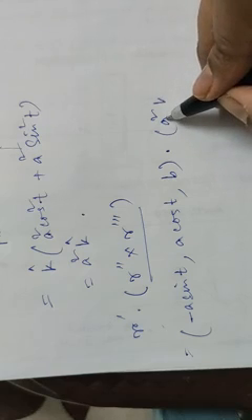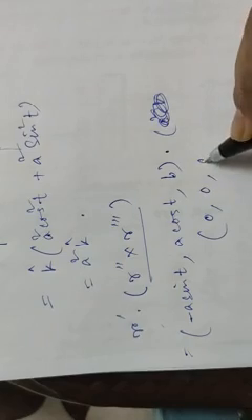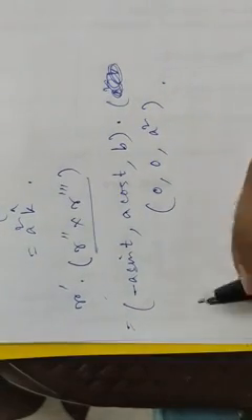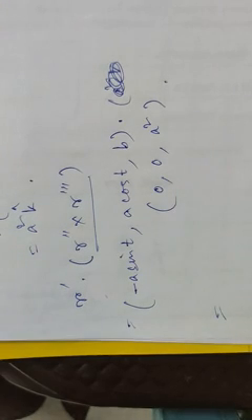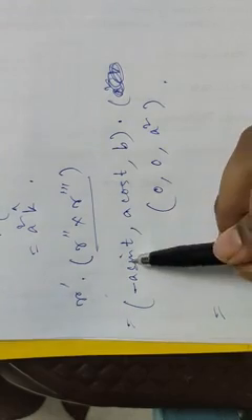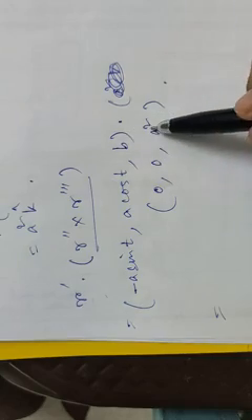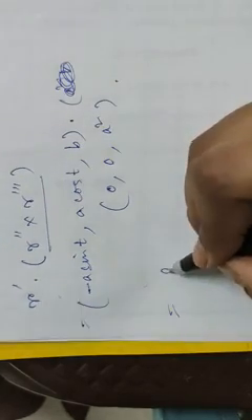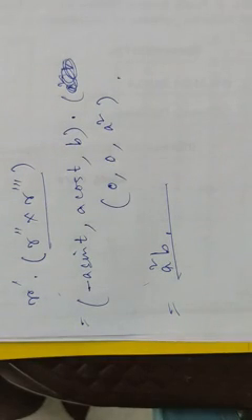That means its components will be 0, 0, a². Now what is the dot product? Multiply and sum each component: this into this, which is 0, then this into this, which is 0, and the last one is b a², that is a²b. This is our required result of the given box product.